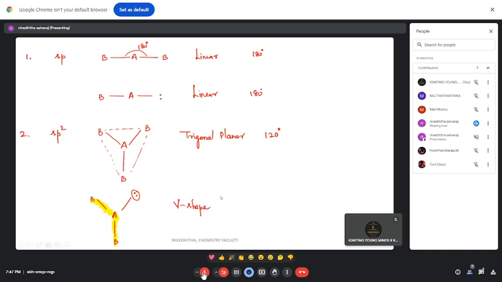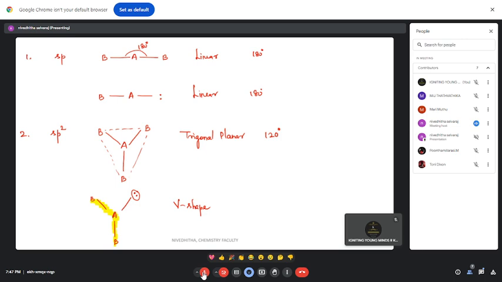So the central atom's hybridization is sp2. The central atom can form three chemical bonds, but in a specific molecule, if the central atom has only two atoms, then there will be one empty bond, right? That empty bond is filled with a lone pair of electrons. Then that shape is no more trigonal planar.